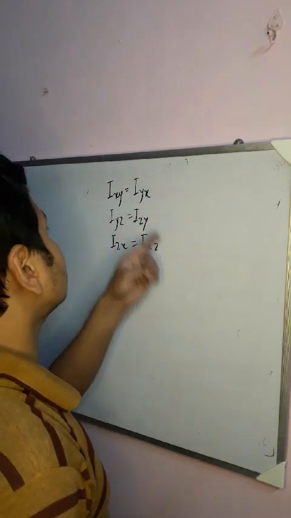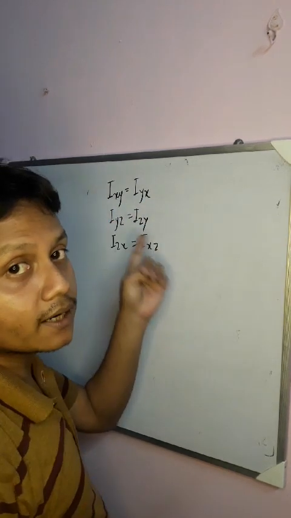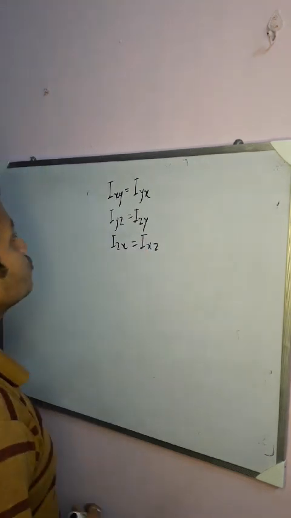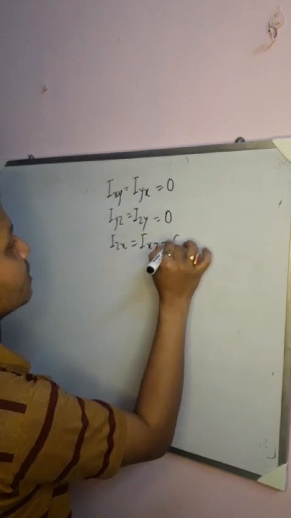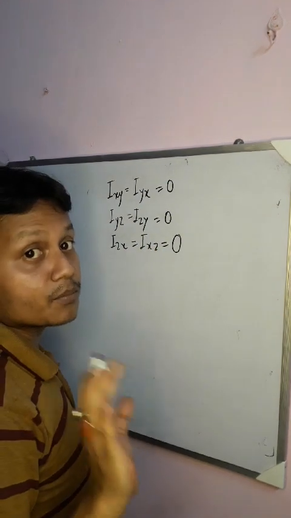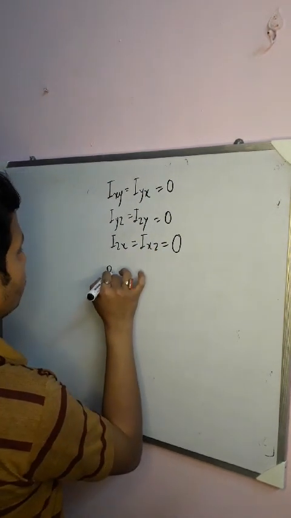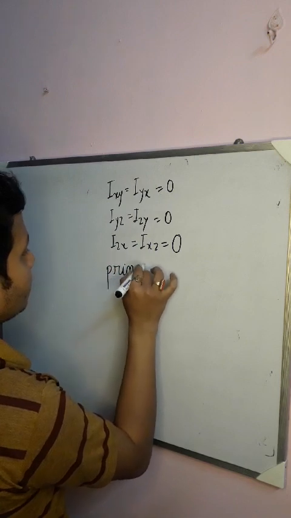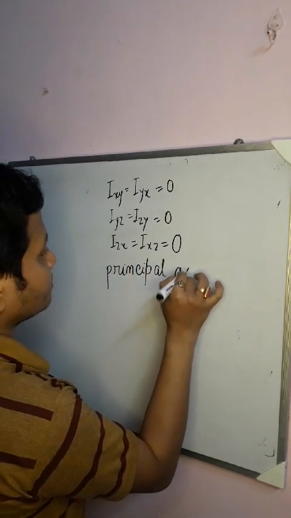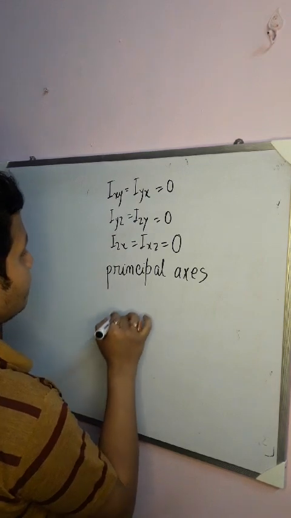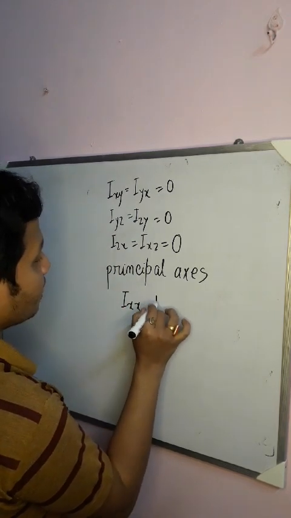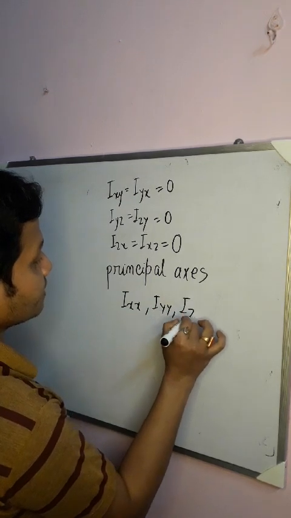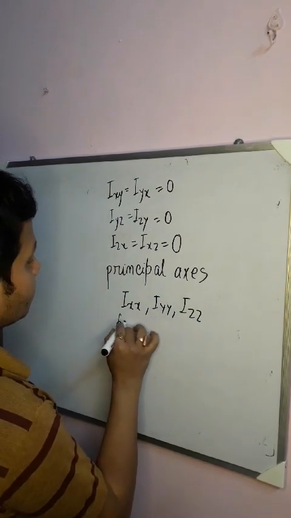The pairs are symmetric. That's why we can write this. So if we choose the axes in such a way that the product terms vanish, then the corresponding axes are known as the principal axes, and under this situation Ixx, Iyy, and Izz are known as the principal moments of inertia.